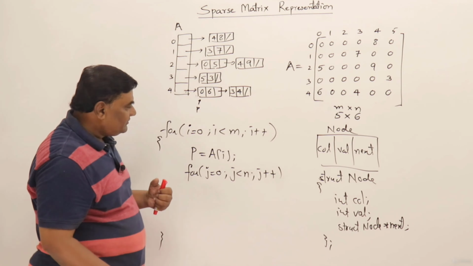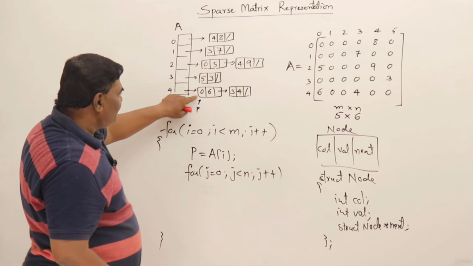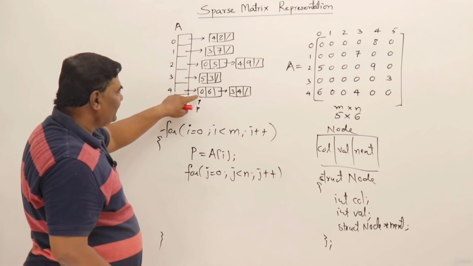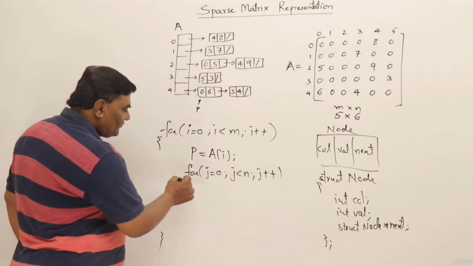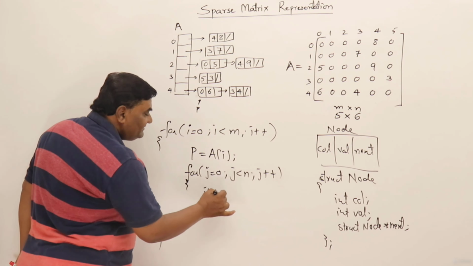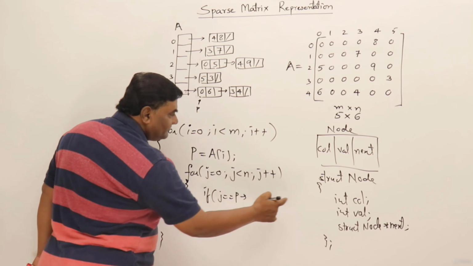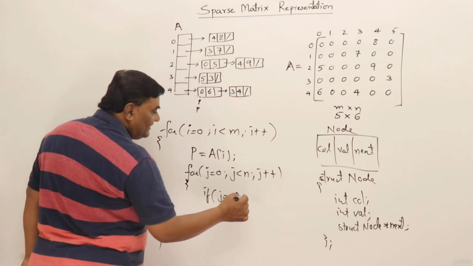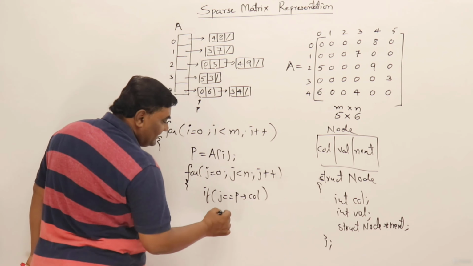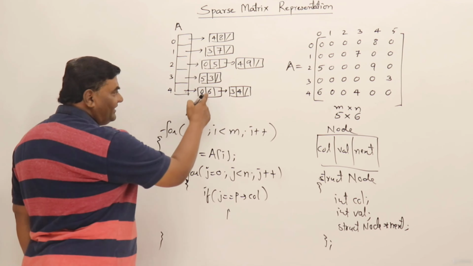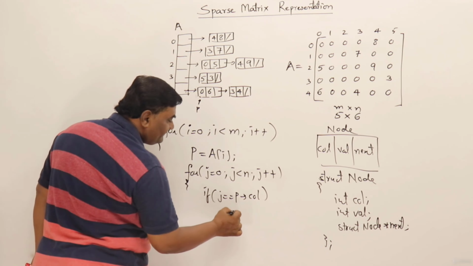So how can you know whether it is non-zero or not? P is pointing to some node that will show me the column number. So if j matches with P's column, then print the data there, the non-zero element.